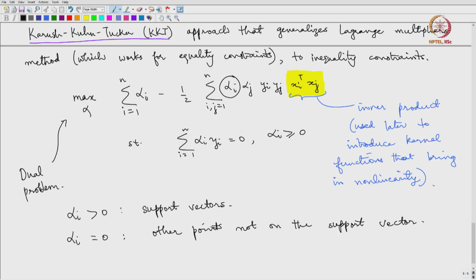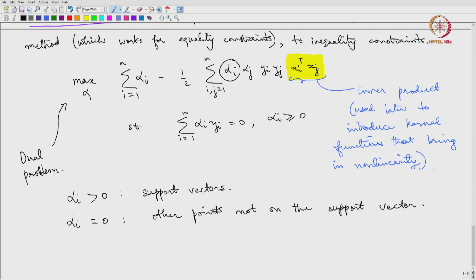Right, these are the points that are easily classified. Okay. So, once these alpha i are obtained, you can now classify any new point very easily.